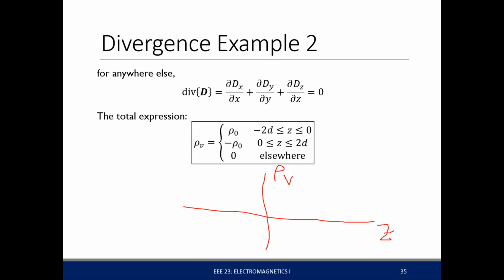In this region, it's positive, then it's negative in this region. Anywhere else it's 0. So this is the graph of it. That's the charge density for the given electric flux density.